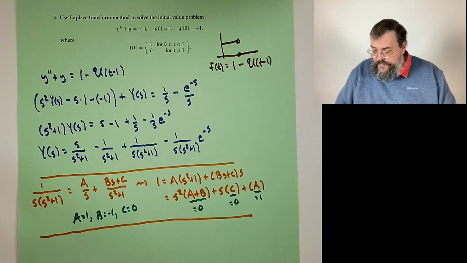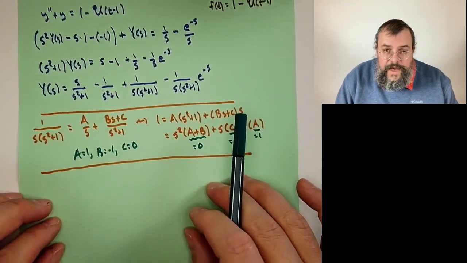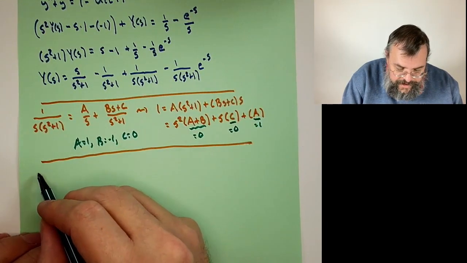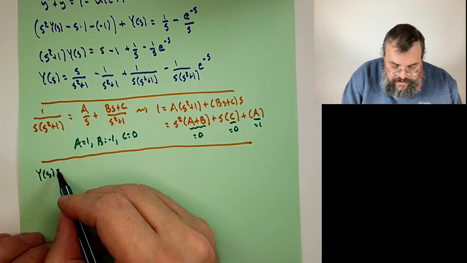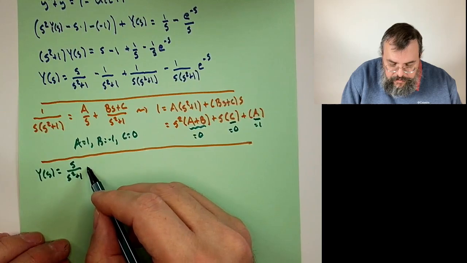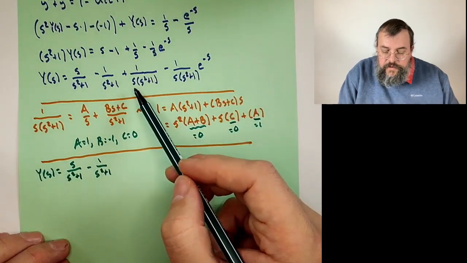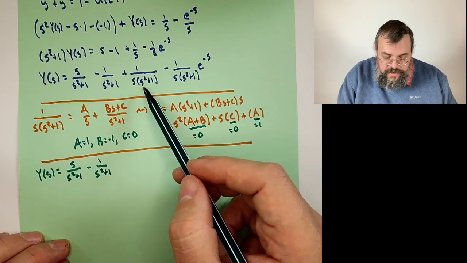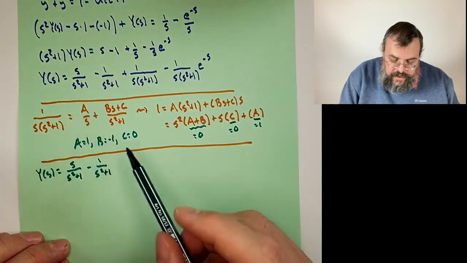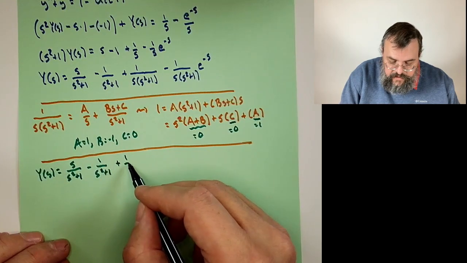So let's mark that off. Back to our problem. So cleaning up, we have Y(s) is equal to s over s squared plus 1 minus 1 over s squared plus 1, and this 1 over s times (s squared + 1), well, A over s, so A is 1, so plus 1 over s.